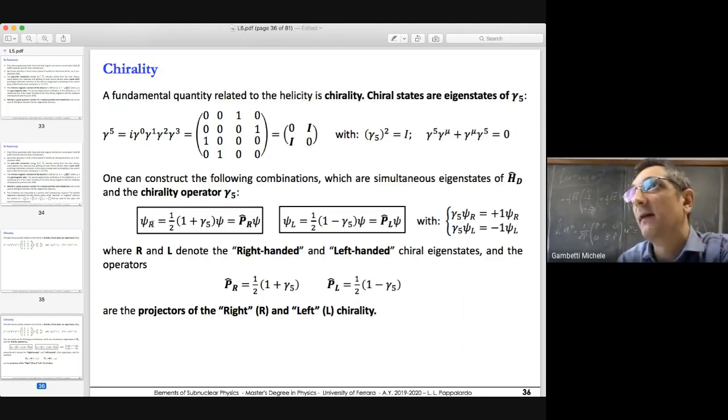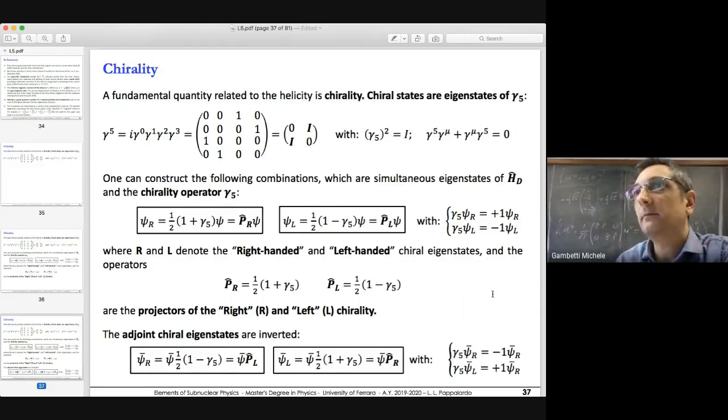So once you define the right-handed and the left-handed eigenstates, they of course have to satisfy this trivial eigenvalue equation. So gamma 5 psi R is equal to plus 1 psi R, gamma 5 psi L is equal to minus 1 psi L. Okay, so these are the eigenvalue equations for these right-handed and left-handed chiral spinors. And then, of course, we can do the same for the adjoint spinor.